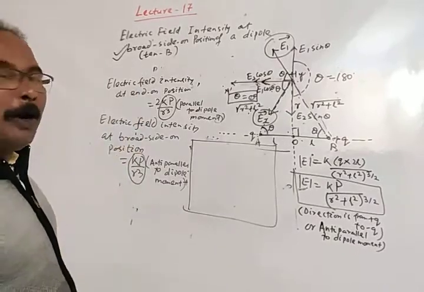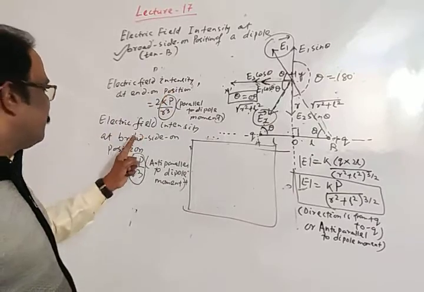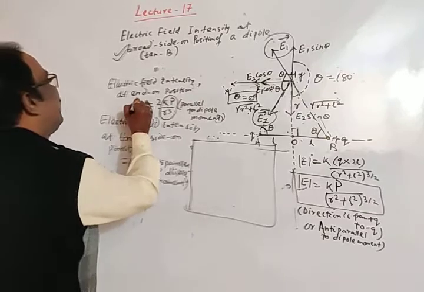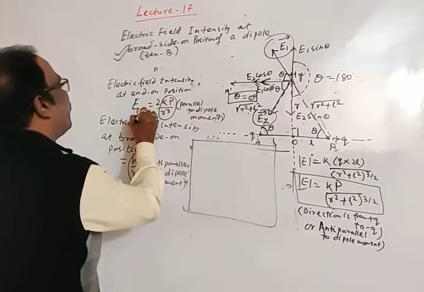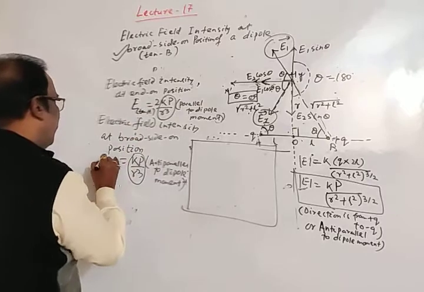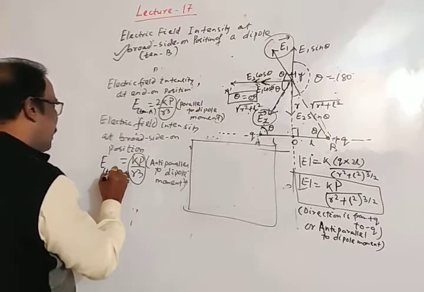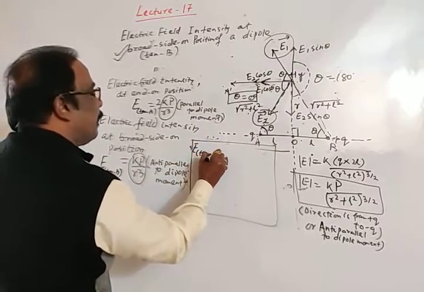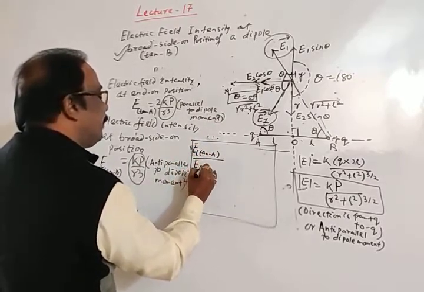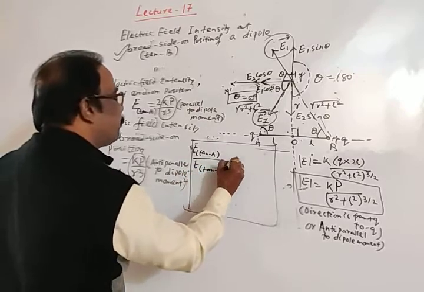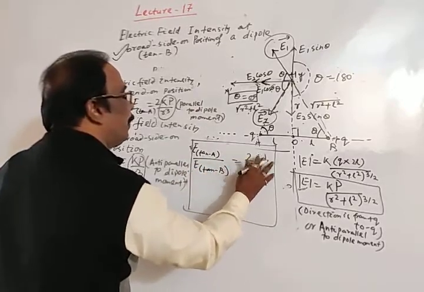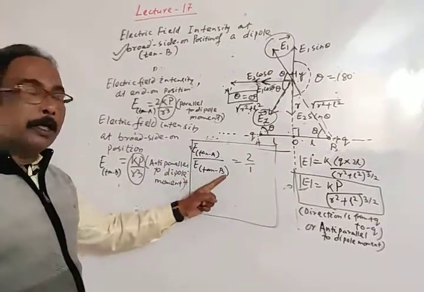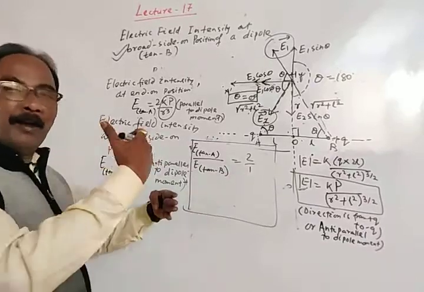So the ratio of electric field intensity at end-on position, E tan A, to that at broadside-on position, E tan B, is 2:1, and they are oppositely directed.